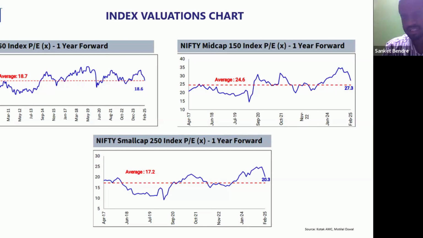Similarly, in the next table, we can see that the Nifty Small Cap 250 index forward P/E is trading at 20.3x, despite being above its historical average of 17.2x. It is lower compared to January, when it was trading at 23x. So it is a positive sign again that small cap stocks are also coming down to their fair valuation.